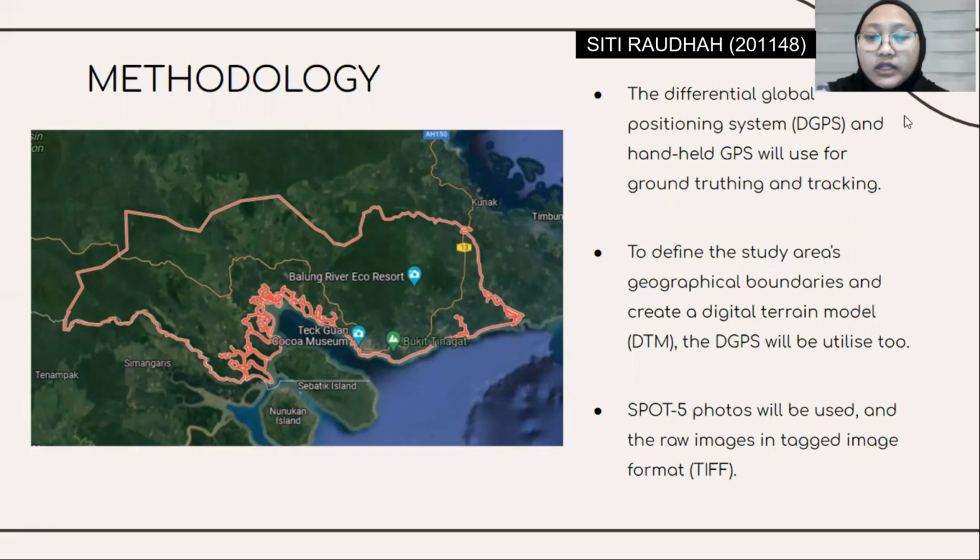And to define the study areas for geographical boundaries and create digital terrain models, we also use the GPS. And for SPOT 5, the raw image is in tagged image file format, which is TIFF. Actually, this picture is from Google Maps.